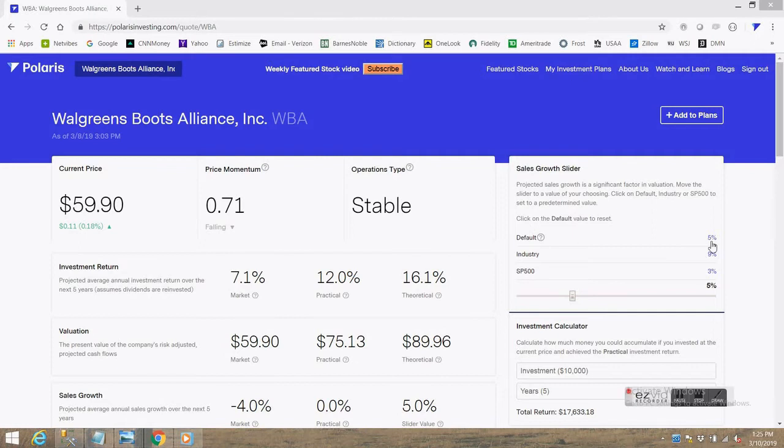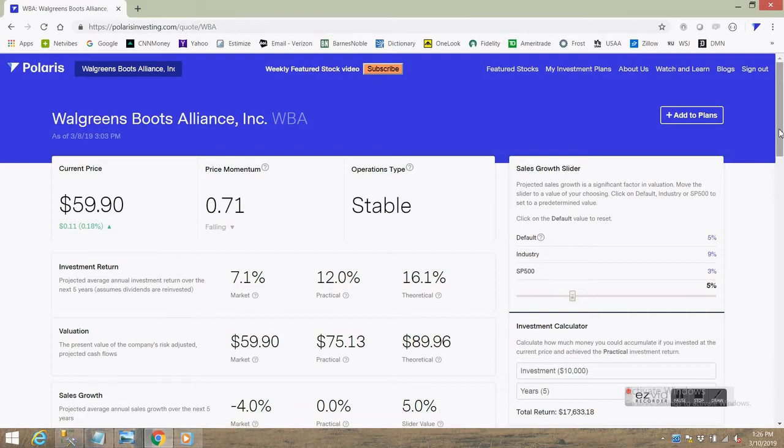We'll be discussing in depth in this video where that default value comes from, but it does calculate one for the user, and then the user can override that easily by just moving the slider or setting it back to one of these values: default, the industry average sales growth, or for comparison the average growth expected for the stocks that make up the S&P 500.